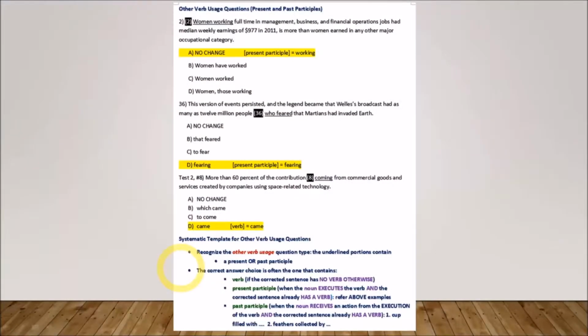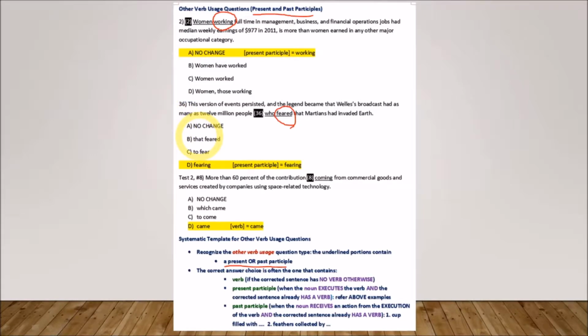Now going on to other verb usages, namely present and past participle questions. First thing we recognize is that the underlined portion will contain a present or past participle. Remember, you must be able to distinguish between verbs and participle clauses.